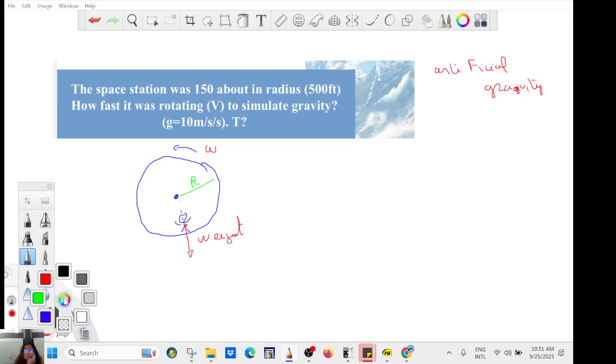So the equation is the acceleration is v squared over r, and you want that to be equal to g, which is 10. You want to know how fast the space station has to spin so that gravity is simulated. You can walk on the wall and you don't even know that you are upside down.